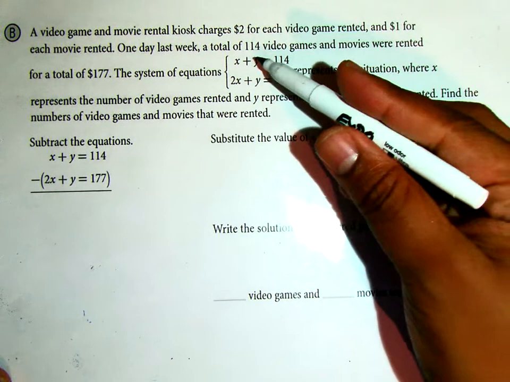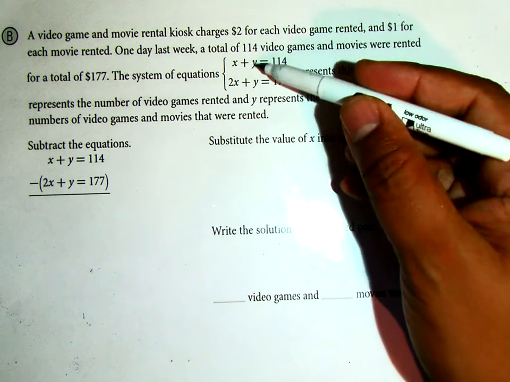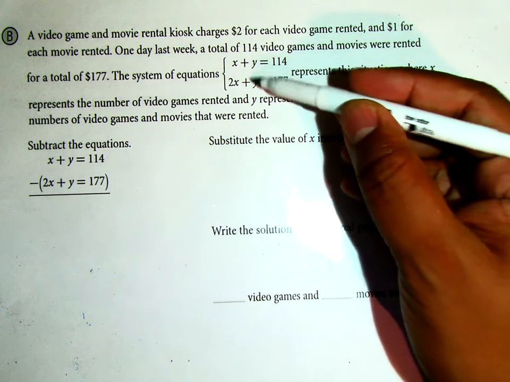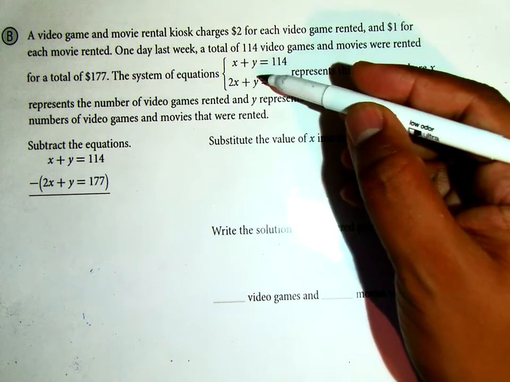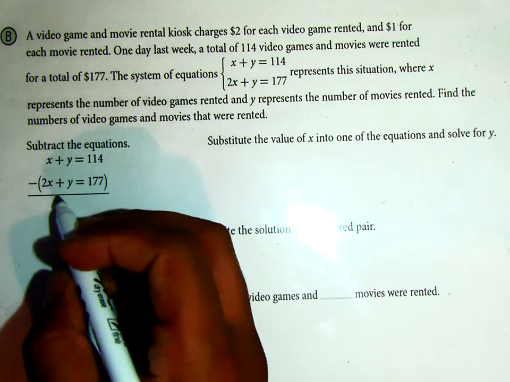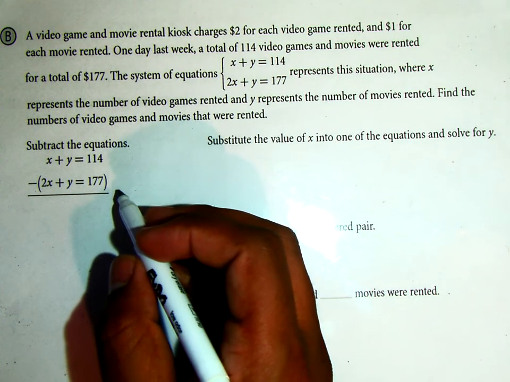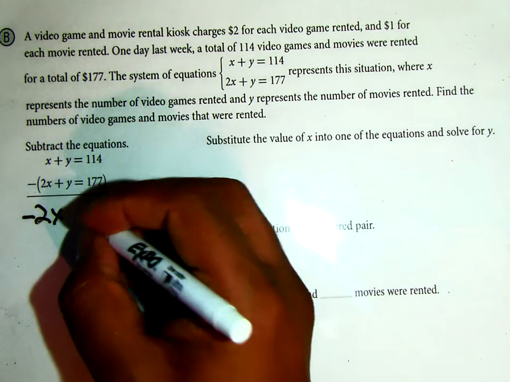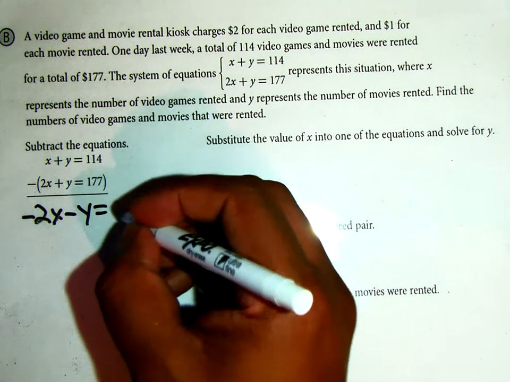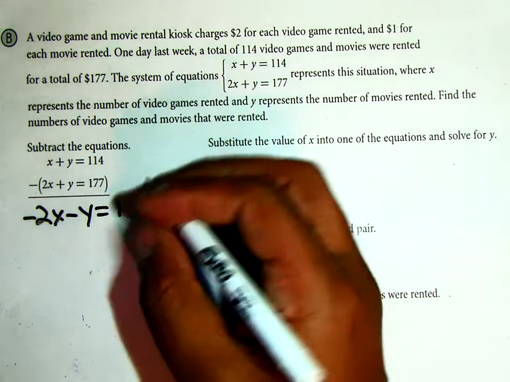So since the number that we have is the same as the y, it's the coefficient here, and since they're both positive, we need to make that negative. So what we're going to do first is multiply by -1 all the way across here. And once we do that, we'll have -2x minus y is equal to -177.